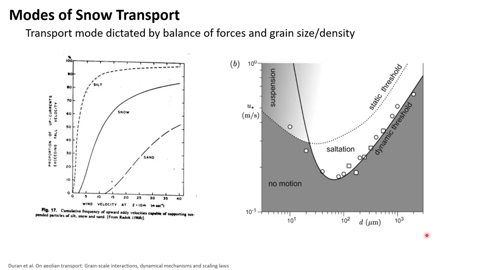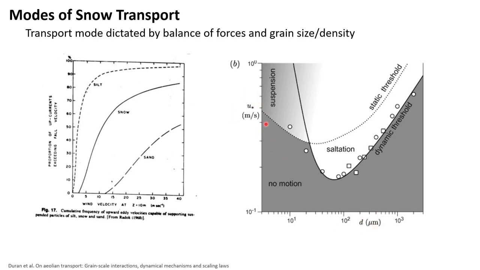There's been lots of studies to quantify this, which we won't go into great detail here, but a lot of models have shown that you can kind of capture these regions largely based on the critical velocity, which is plotted here, y, as a function of the diameter of the grain.